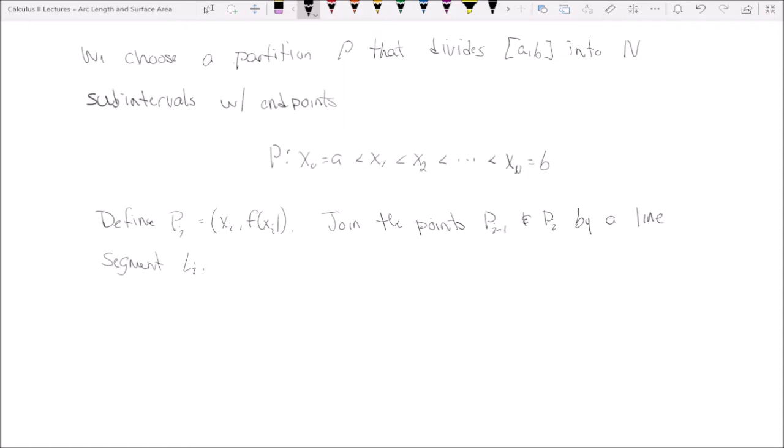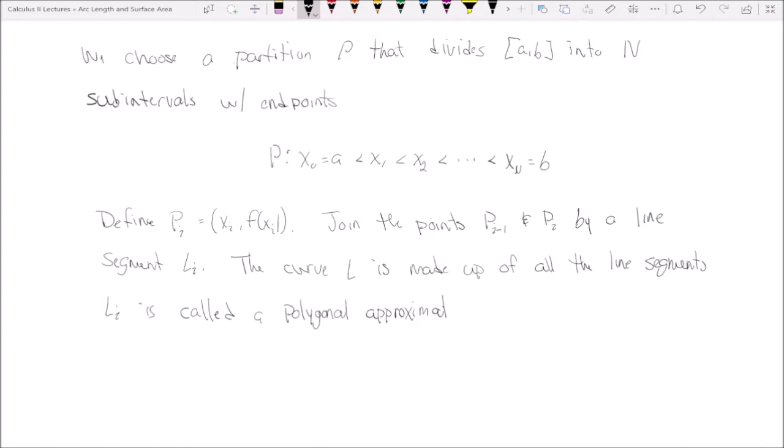Now notice then that this total curve, which we shall call L, made up of all the line segments L sub I, is called a polygonal approximation to y equals f of x.